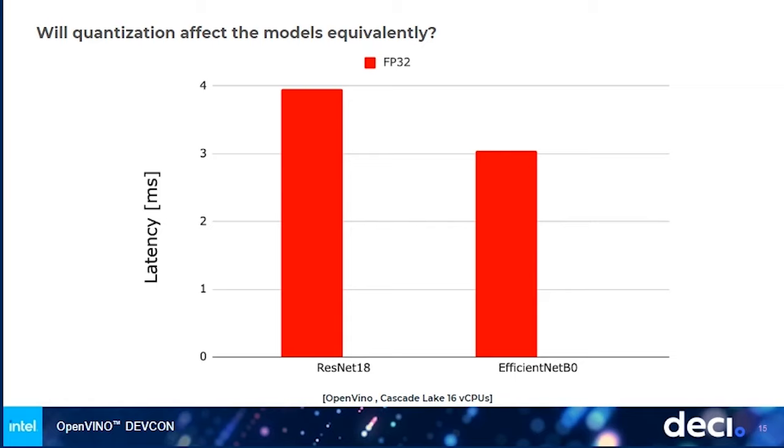We have here ResNet18 is slower than EfficientNet-B0 on FP32, but when we quantize it to int8, we see a major improvement in ResNet18 and not so much improvement in EfficientNet-B0, and actually the ranking changes. ResNet is now faster than EfficientNet. So quantization doesn't affect all of the networks uniformly.